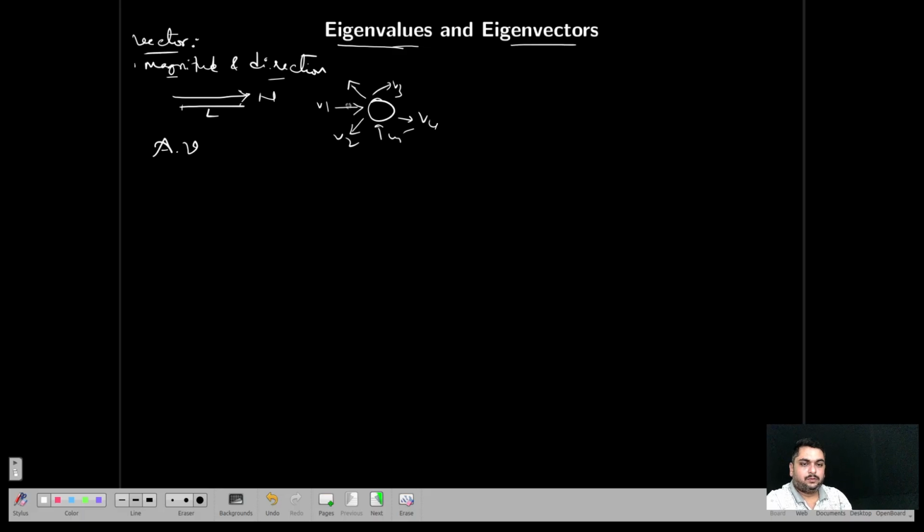Now, when you apply the matrix, a vector changes both magnitude and direction. So your study or understanding of the system becomes unstable. Unstable means that when I apply something, it transforms. We usually call that a linear transformation.